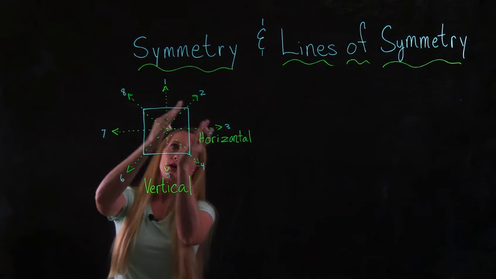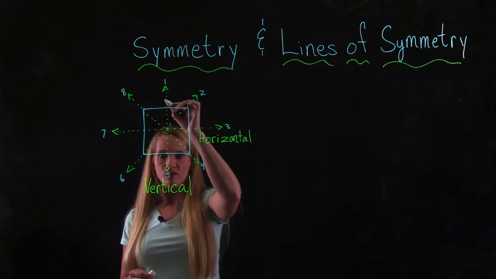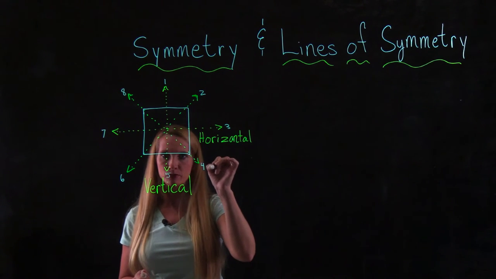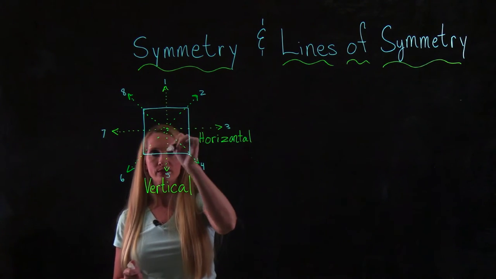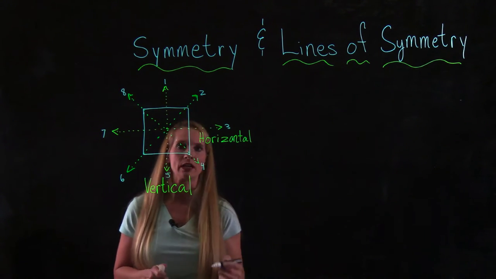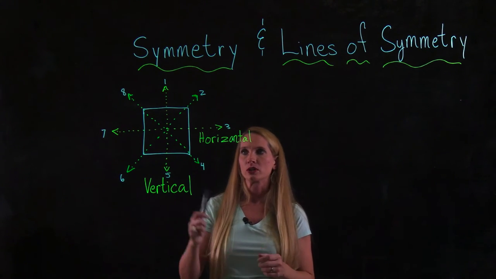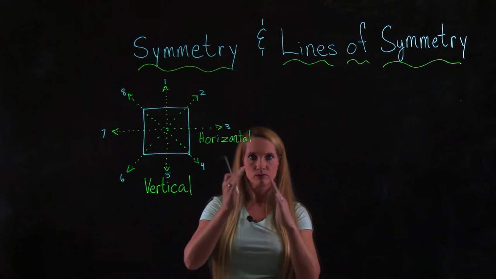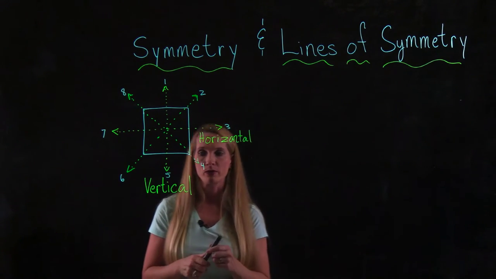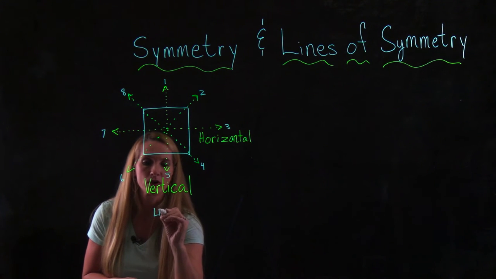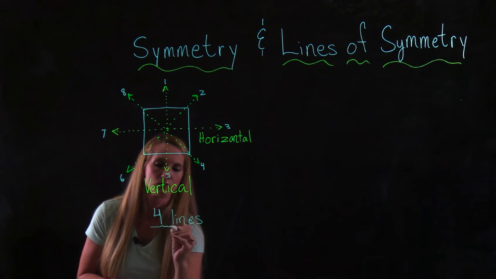I could take this top and go to this top, but really and truly you've only got 4 lines that run through it. So you only have 4 lines. If I look, I have 2 yellow and 2 green that are running through my shape. So if I was to say how many lines of symmetry a square would have, I could put 4 lines.